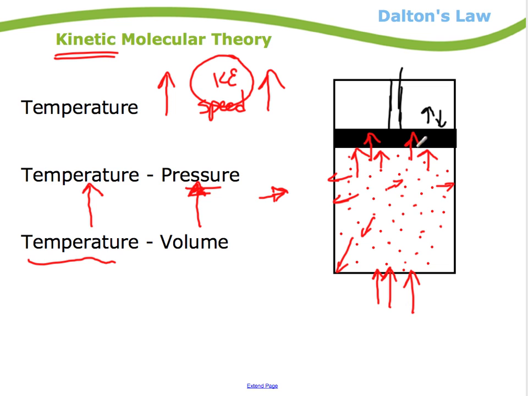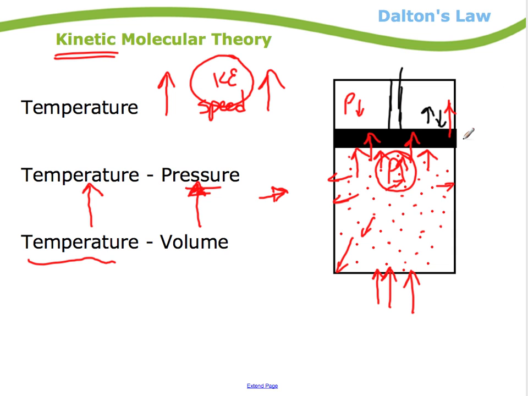And it would get pushed up only when the pressure being exerted up is greater than the pressure being pushed down. So as soon as I can get the pressure inside here greater than the pressure being pushed down, then that piston would move up.